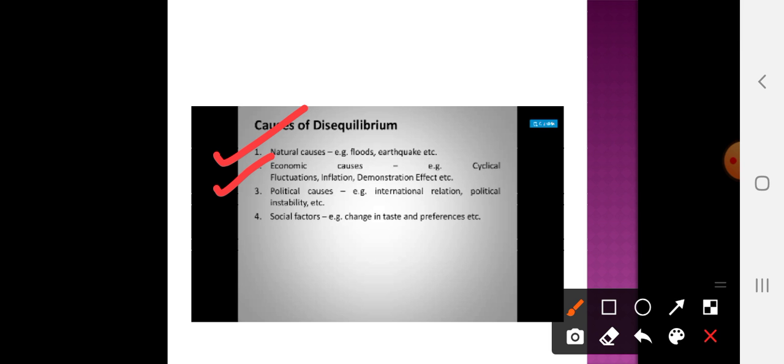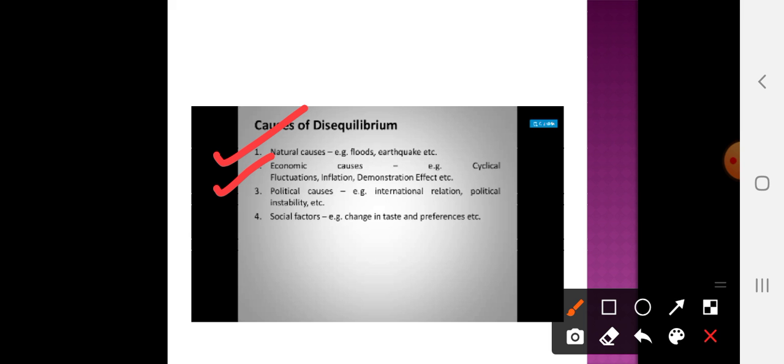Next is economic causes. What does it mean? Economic factors can be cyclical fluctuation. As you might be aware, there are different trade cycles.